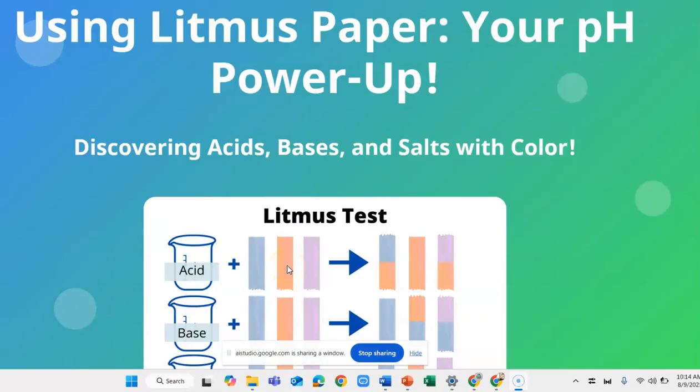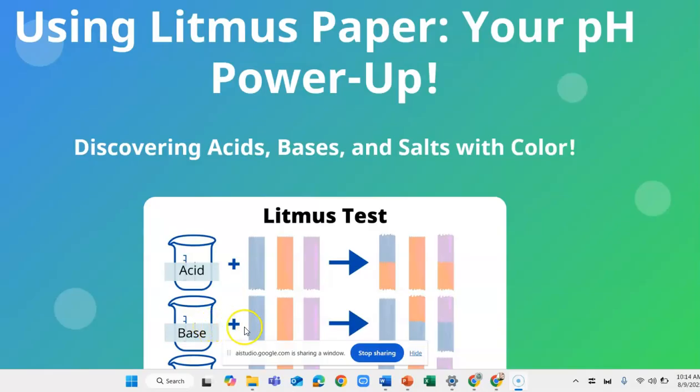And if you have a red litmus paper, you're going to dip it in the acid, or sausaw in Bisaya, it will just remain red. And if you are having a purple litmus paper, you're going to dip it in the acid, it will turn red.